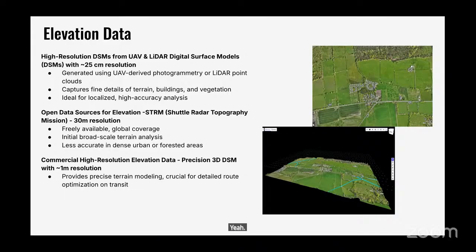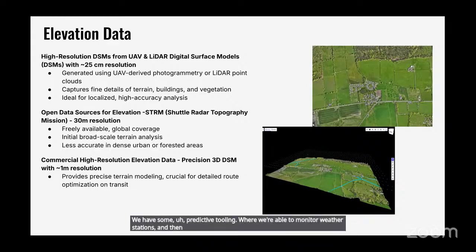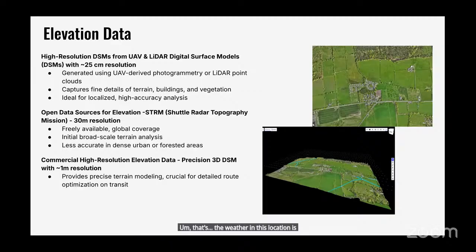Yeah, thank you. For weather, I would say GIS plays a role in the sense that the science of determining anything that has location related is essentially GIS, right? So we have some predictive tooling where we are able to monitor weather stations, and then we are able to tell that the weather in this location is maybe windy.